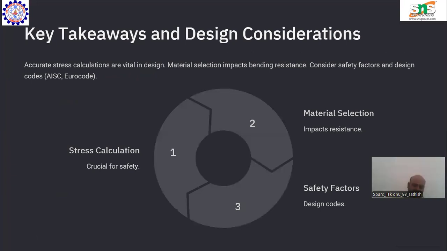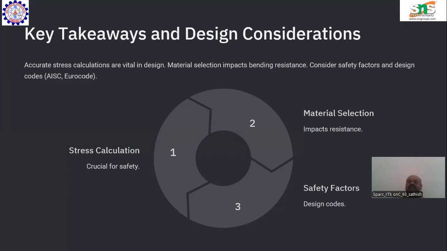So the key takeaways and design considerations are: accurate stress calculations are vital in design. Material selection impacts bending resistance. Consider safety factors and design codes as per AISC and Eurocode. So the first part is stress calculation, which is crucial for safety. The second part is material selection, which impacts resistance.